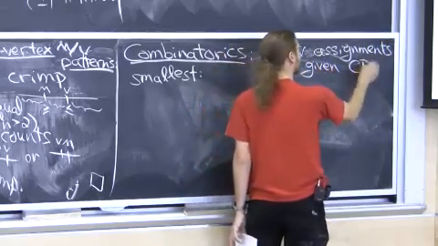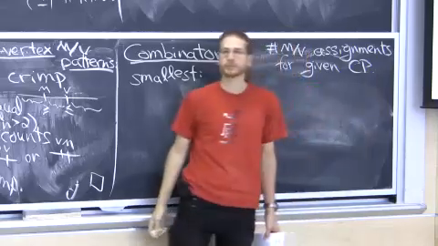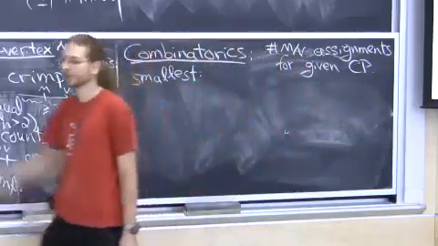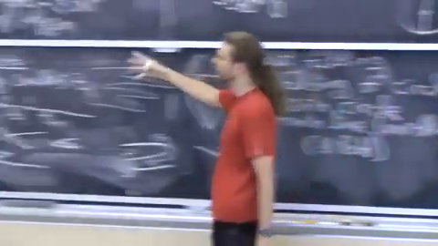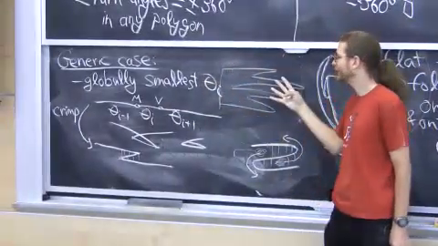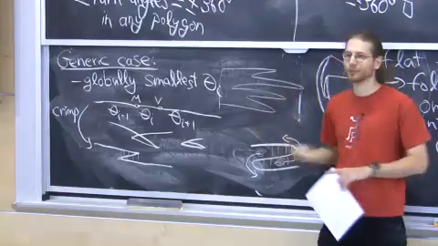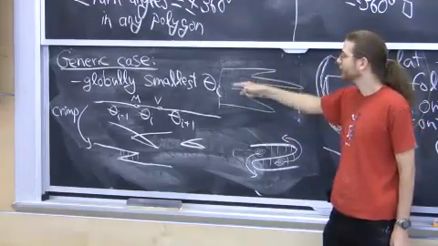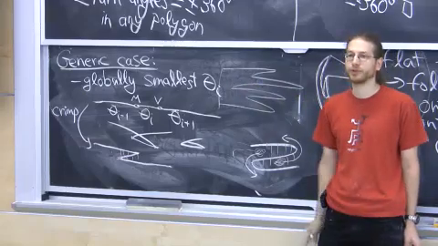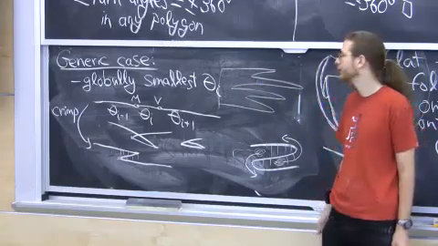So if you have a bunch of angles, consecutive theta i's that are increasing, yeah, that pretty much works. In fact, what I need is the generic case, where all the angles are different and they never become equal by folding, which is what generic means. So then there was only really one crimp I could do, which is the globally smallest angle.